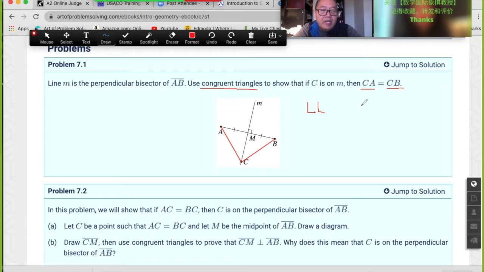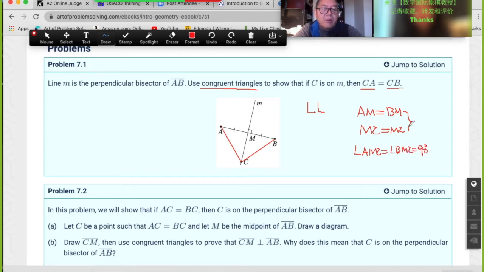Because line CM is the perpendicular bisector of AB, AM equals BM, and also MC is shared. Combine these two, and you also need to add that angle AMC equals angle BMC. This one equals 90 degrees.